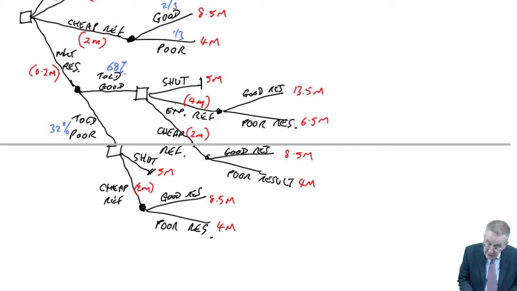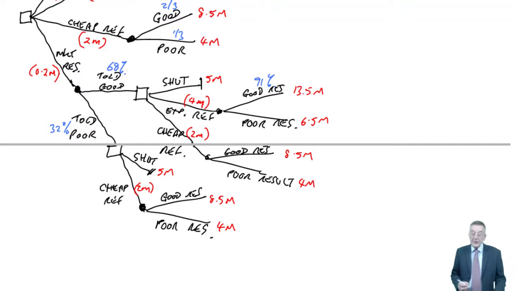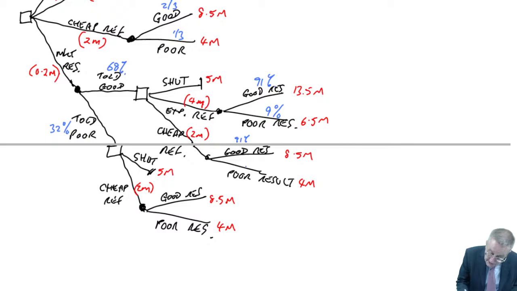So they've said it's good. There's a 91% chance that it actually is good, and therefore a 9% chance that it actually turns out to be poor. And that'll be the same for either of them. So even if it's cheap, 91%, 9%. Or if you prefer, incidentally, 91% is 0.91 probability, 9% 0.09 probability. It doesn't matter when we come to do the arithmetic. I'll make it clear.